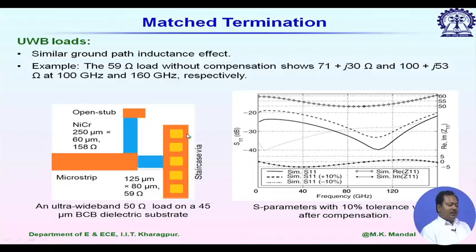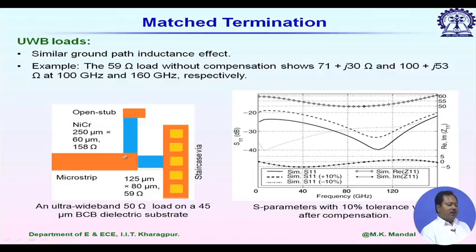One is grounded by using a chain of vias, and the second one is connected to one open stub, which will give some shunt capacitance. This additional shunt arm of dimension 250 micrometer by 60 micrometer will give you an equivalent resistance of 158 ohm. This is the DC resistance.